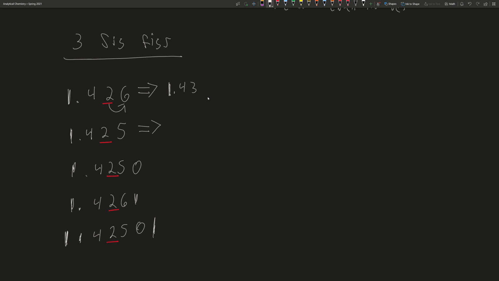We see that the 5 is to the right of it. 5 is 5 or greater. Traditionally, we would round up to 1.43, but because it is exactly halfway between the current number and the next number, we will actually round it to the nearest even digit. So this will become 1.42.